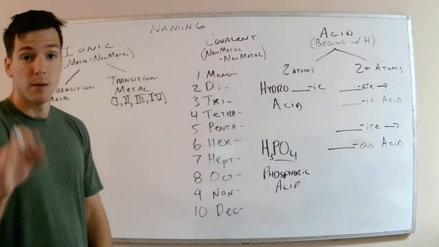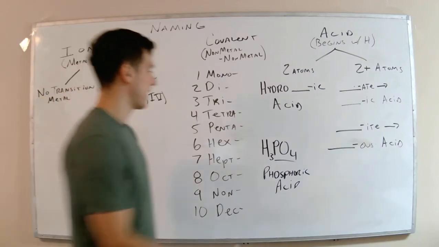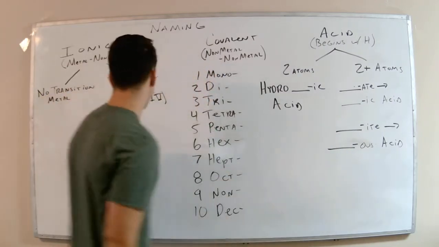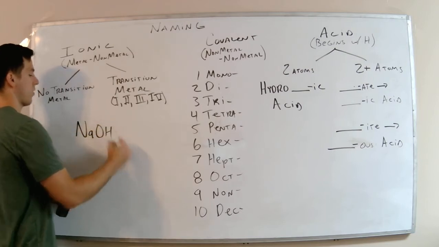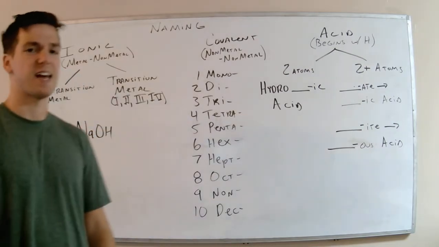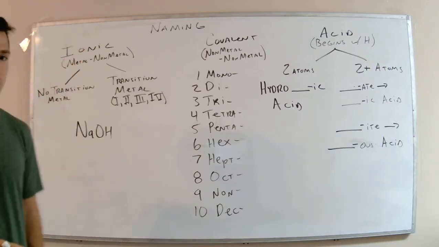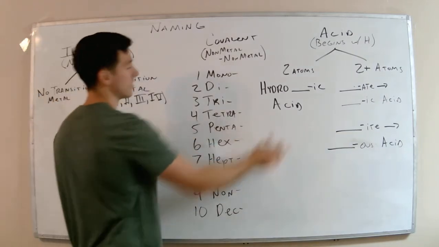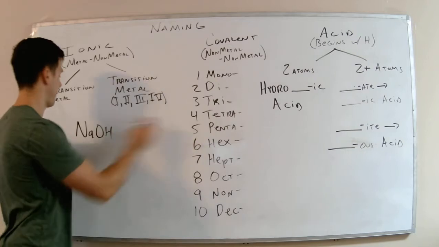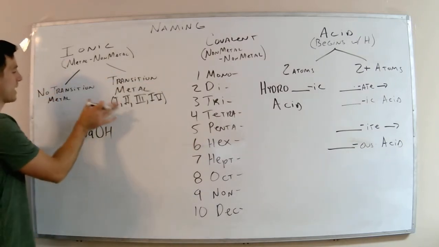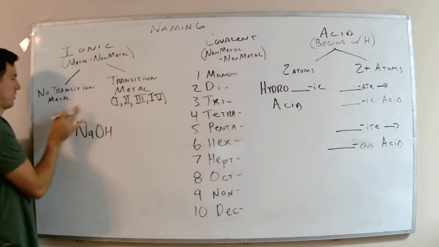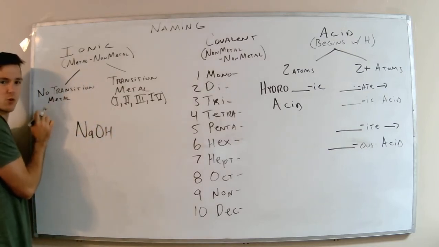Make sure you know those polyatomic ions, because we might have a situation where we get something like NaOH. That looks weird. That's more than three atoms, but it's not an acid because it doesn't begin with H. It's not covalent because sodium is a metal, so it's got to be ionic. No transition metal involved. So how do we name this normally?